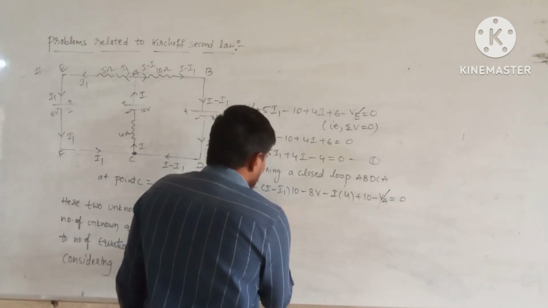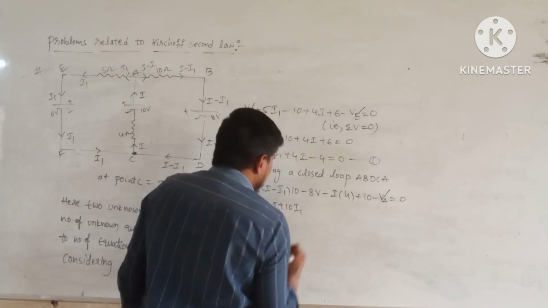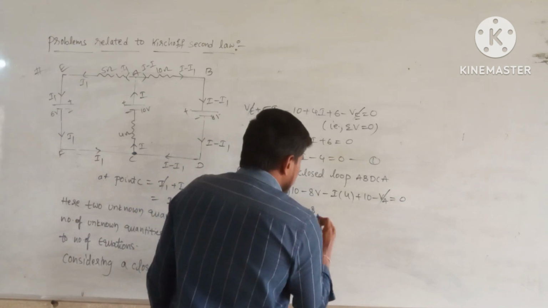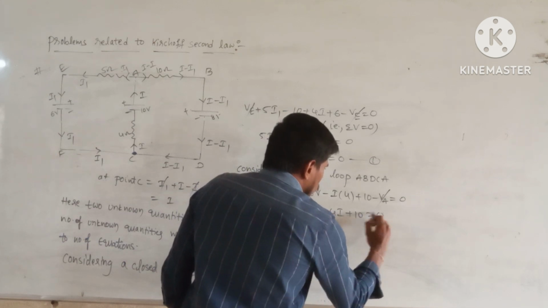So minus 10I, minus into minus plus 10I1 minus 8 minus 4I plus 10 equal to 0.